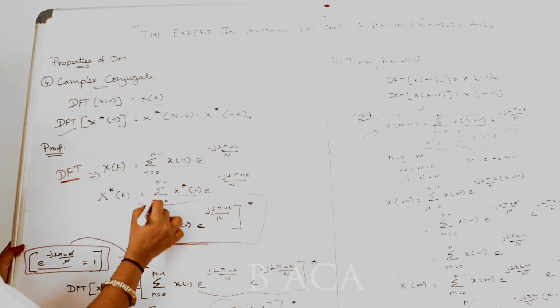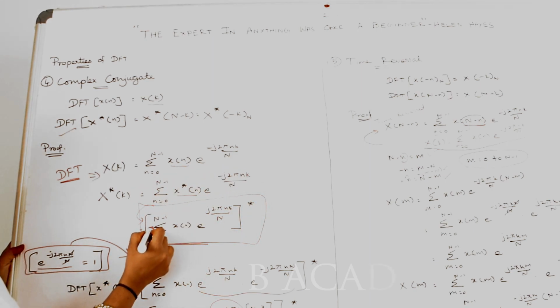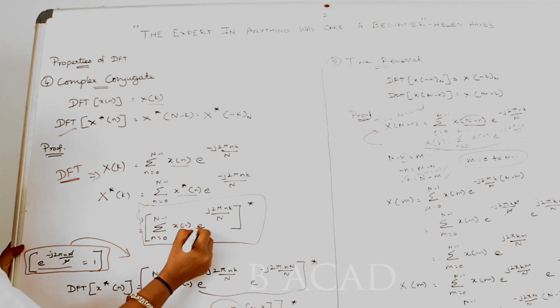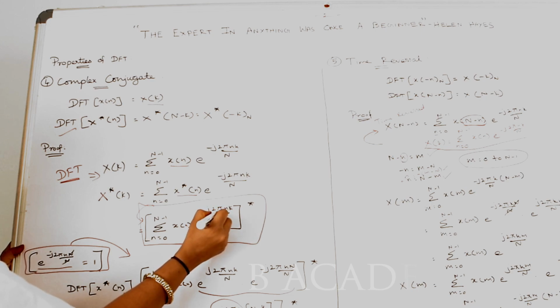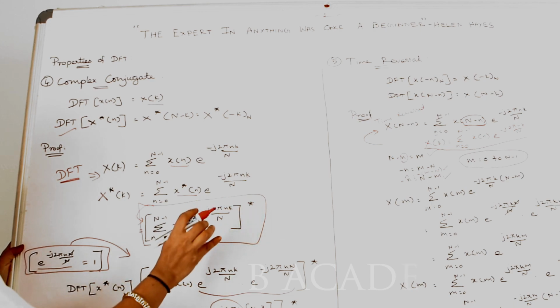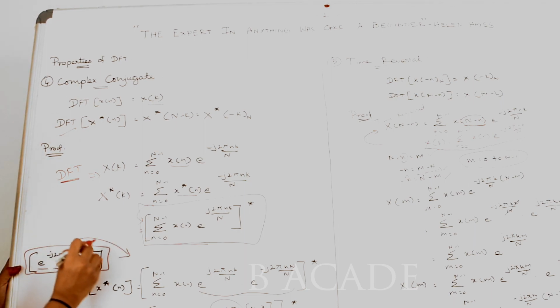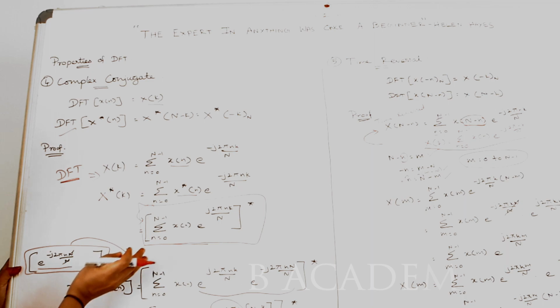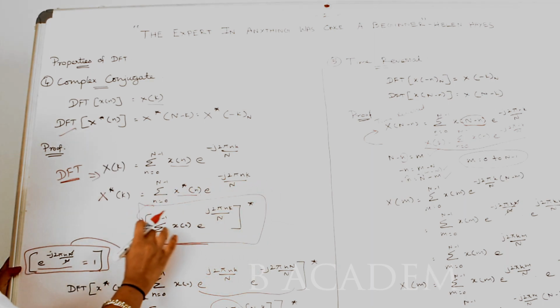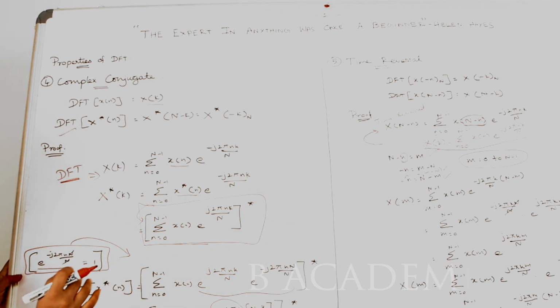So this expression can be written as summation n equal to 0 to N minus 1 x of n e power j 2 pi n k divided by N, the whole star. After this, for simplification I am adding one extra term. While adding that extra term, the value of this exponential term does not change, because e power minus j 2 pi n N divided by N is equal to 1.